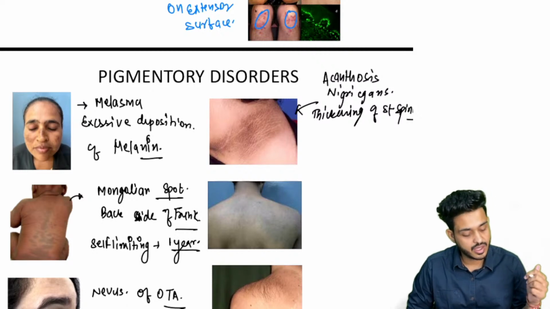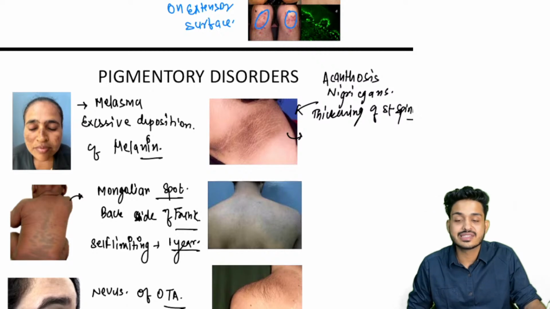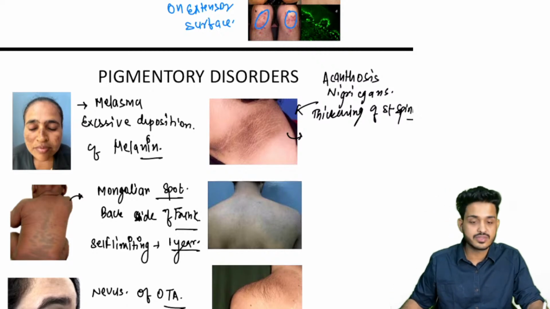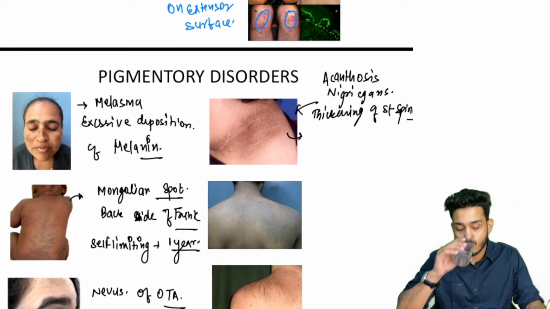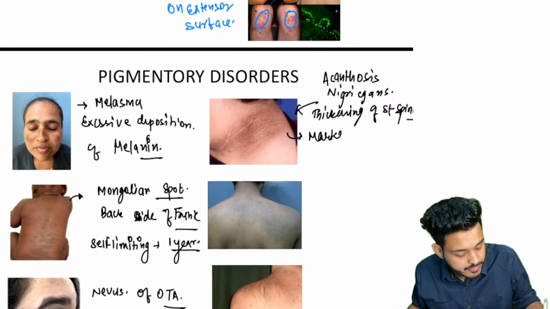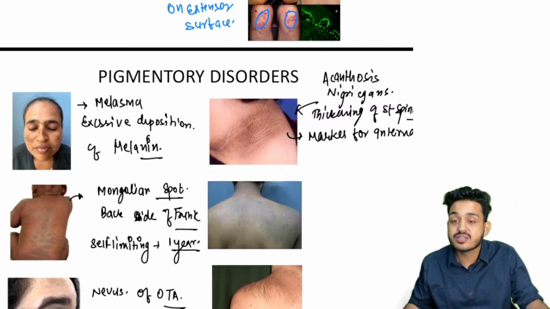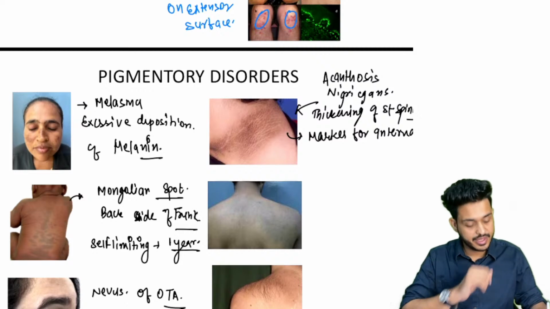This is a marker for multiple things. This can tell us about multiple things. So this is a marker for internal malignancy. It can tell us about the internal malignancy.